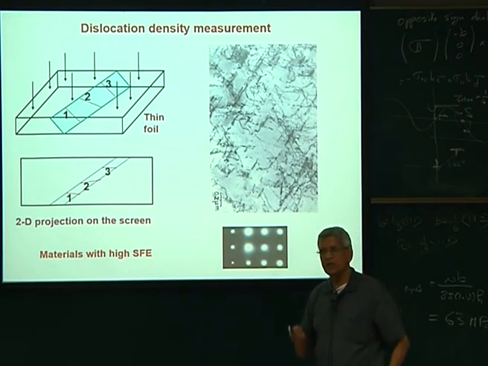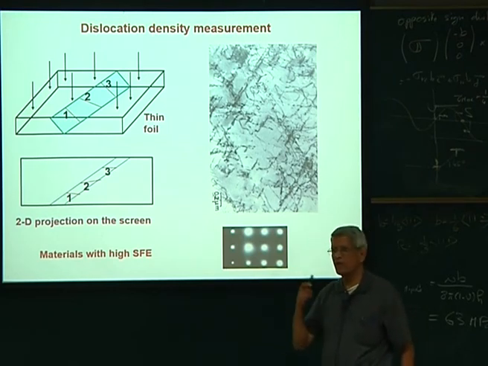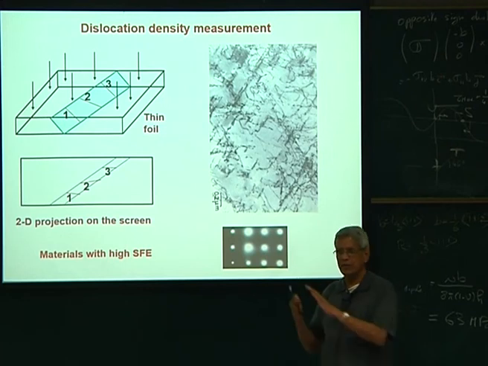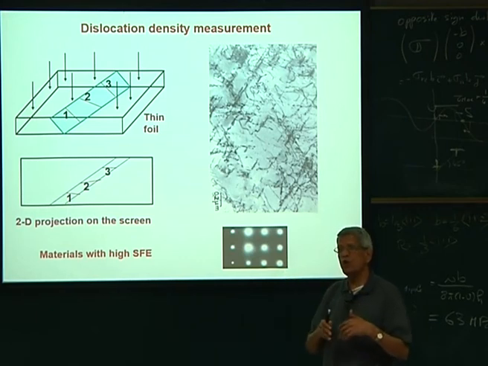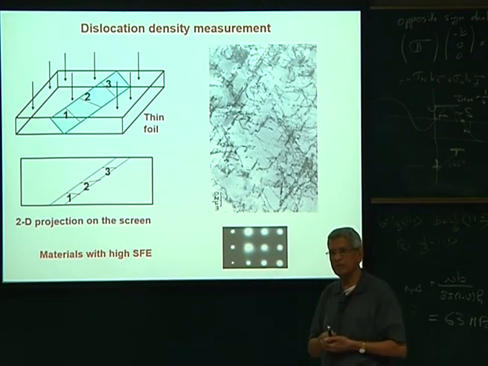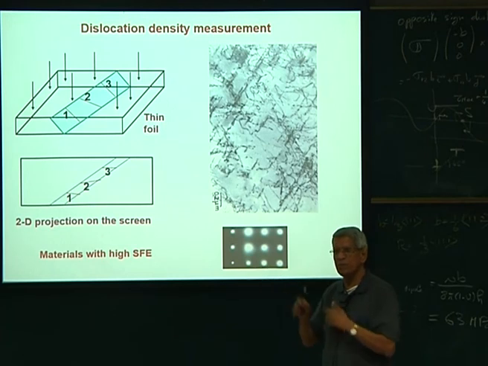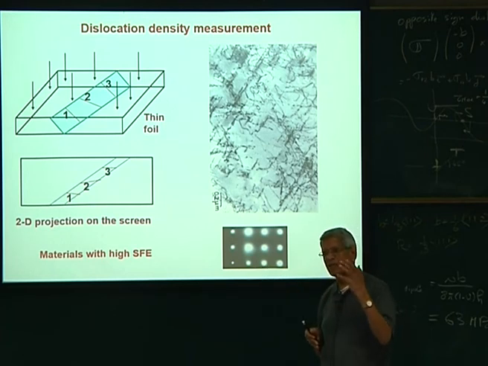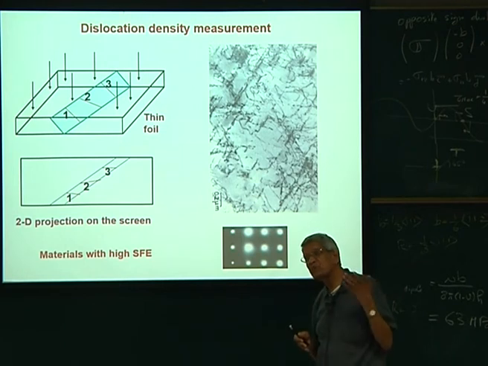Otherwise, if you have to calculate the dislocation density, you know that under this 2G condition, dislocations on these types of slip systems are absent. We will make an assumption, but we do not know how many dislocations are moving on that slip system. We will generally assume that it is equally probable, but quite often in creep and other data I had seen that it leads to a lot of errors, huge error.